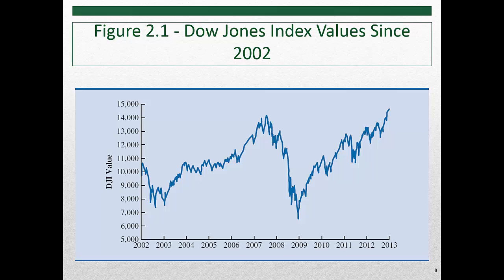However, the financial crisis in 2008 led to a significant decline in the Dow Jones index to between 6,000 and 7,000 by 2009. Since 2009, the Dow Jones index has been generally increasing and topped 14,000 in April 2013.